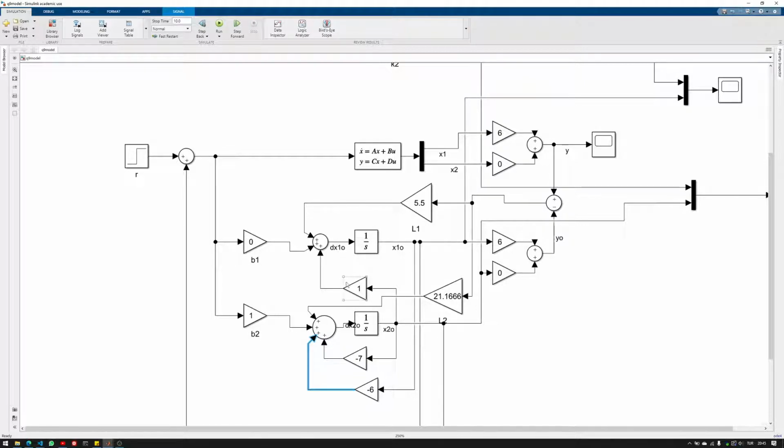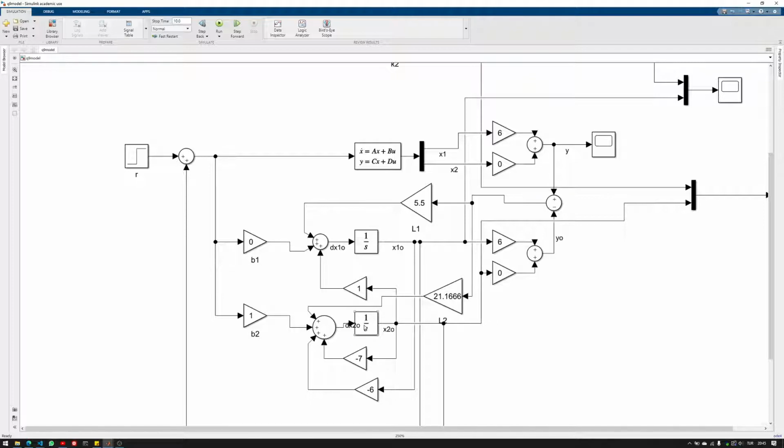And I am feeding back 1 times x2 observer to the first state. The first state of my model does not rely on its own state, so there's no connection there. And then we have the correction term from the differences of the outputs times L1, and then also Bu is in here. So there are 3 inputs, they determine the x1 observer.